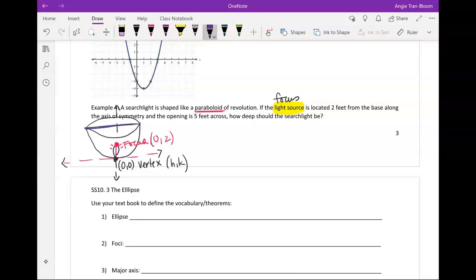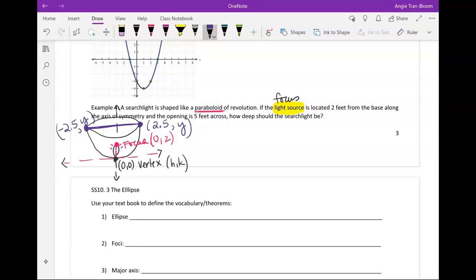So this is 5 feet across. What that means is, I know this ordered pair: this ordered pair is 2.5 feet, some y value. And this ordered pair is negative 2.5 feet, some y value. And again, when you can, always try to put the vertex at the origin.